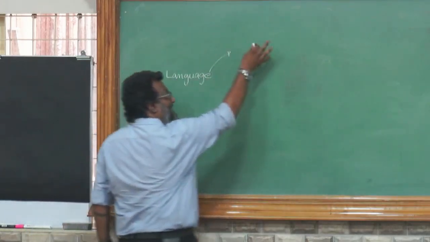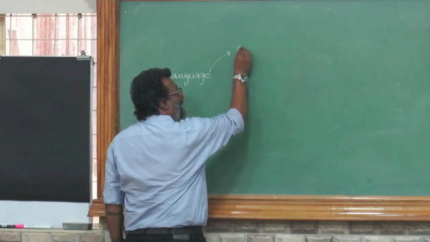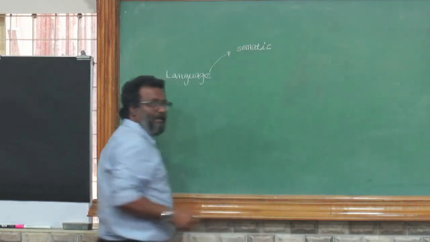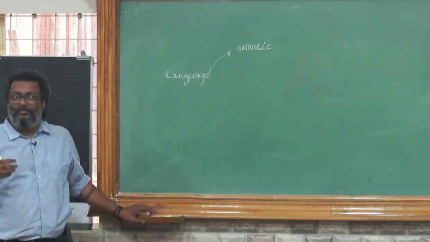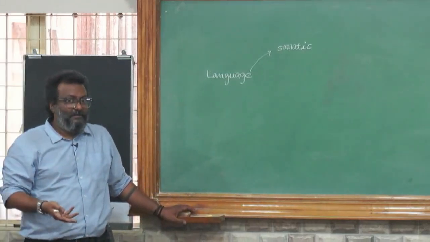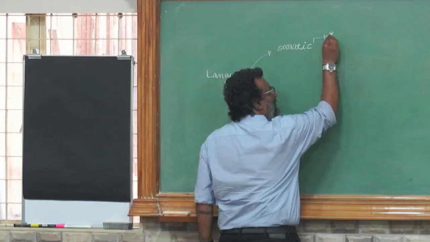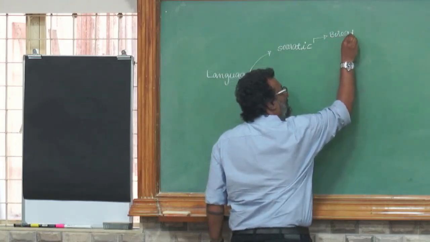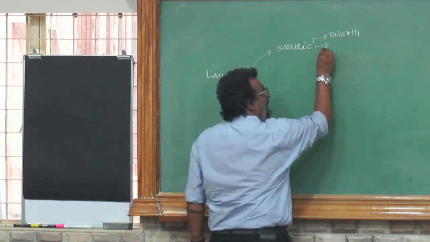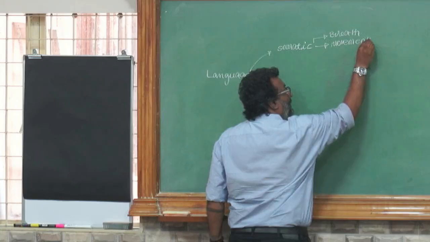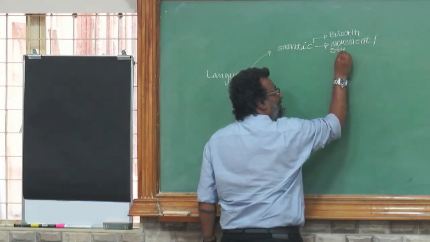Okay? Now, what do you mean by this word experience? So language creates what? It creates a somatic impact. Language creates a somatic impact. And somatic impact means it's got the ability to work on your breath. It can create movements, or it can create stuckness.